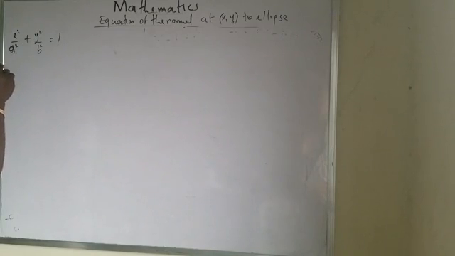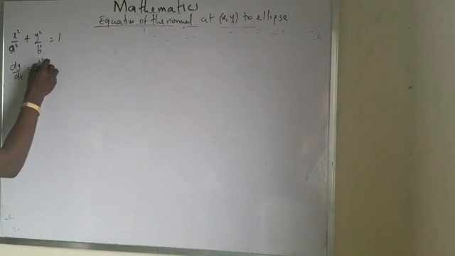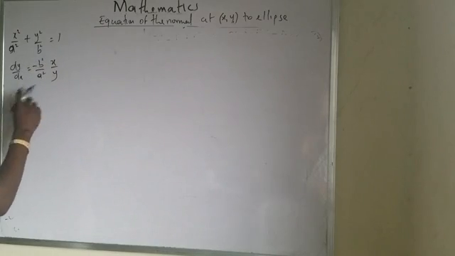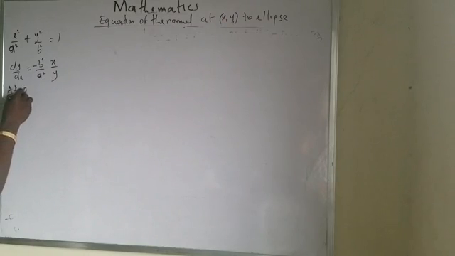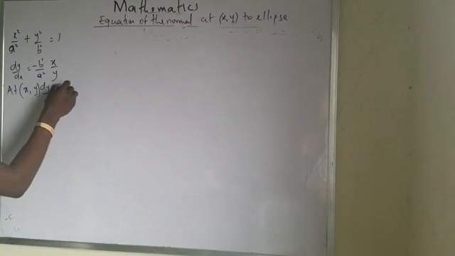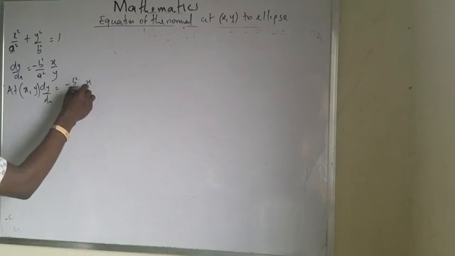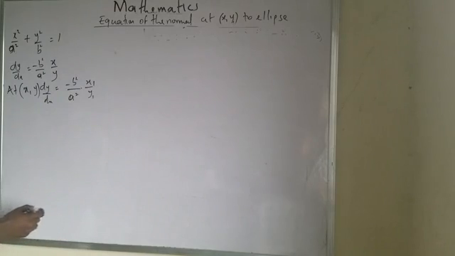Now, since I have it this way, dy dx will be equals to minus b squared x over a squared y. I'll explain that earlier. Now, at x1 comma y1, dy dx will be equals to minus b squared x1 all over a squared y1. This is 1.